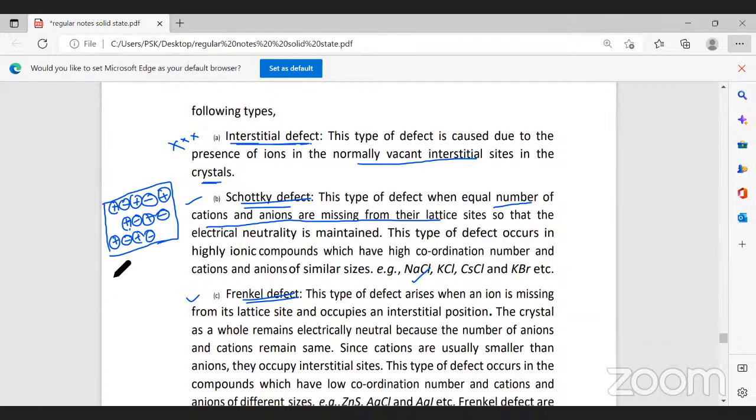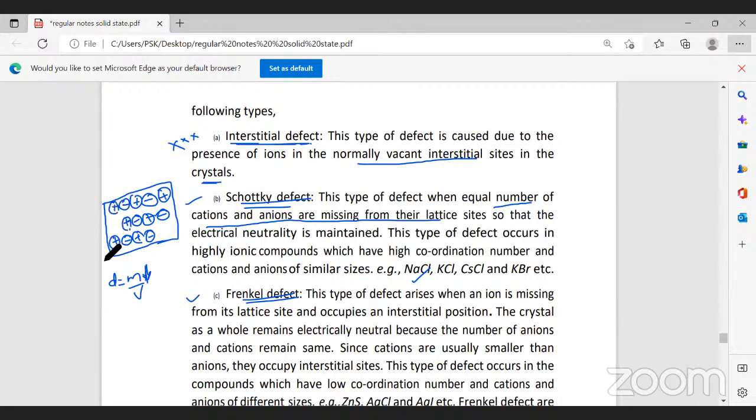Now, what happens to density? Density is mass by volume. One anion and one cation are missing. That means what is decreasing? Mass is decreasing. Volume remains the same. See, I've drawn a box here. The volume remains the same: here was an ion, here was an ion.